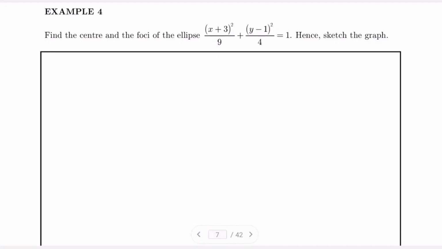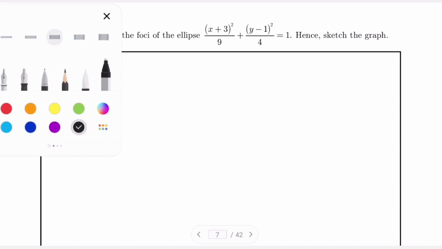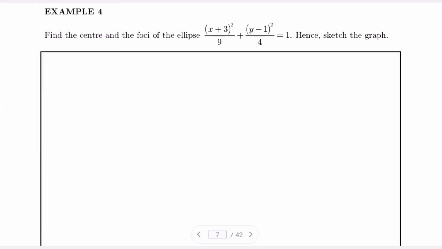For example 4, we have to find the center and foci for the ellipse (x plus 3) squared over 9 plus (y minus 1) squared over 4 equals 1. And then we need to sketch the graph. We're going to compare with the formula: (x minus h) squared over a squared plus (y minus k) squared over b squared equals 1.